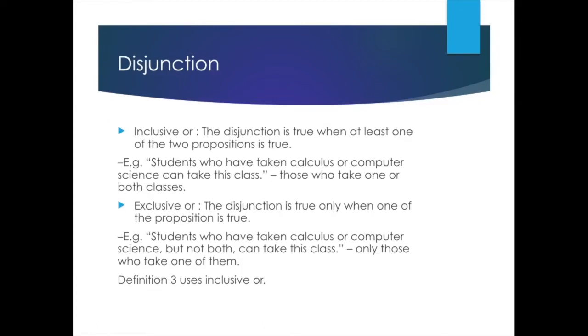Now, besides the or disjunction, there are some more variants, which are the nor and XOR. I will explain. The disjunction is true when at least one of the two propositions is true. That's how disjunction works. Now, a student who has taken calculus or computer science can take this class. You see, even from looking at this in simple English, it's always true.